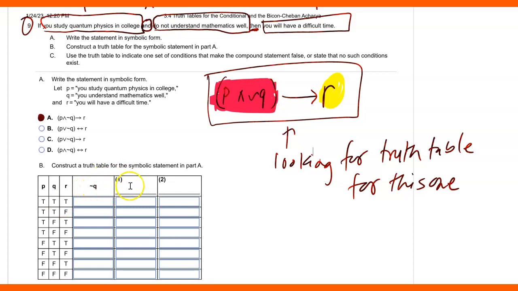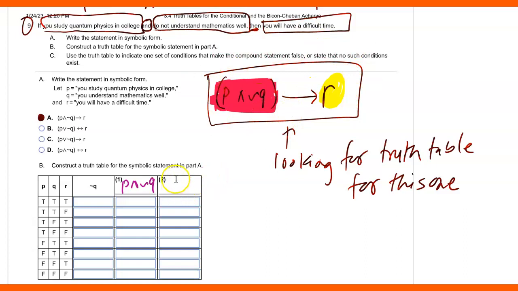The next must be the column for this whole thing. Therefore, for number 1, you're supposed to write P and not Q, because that's what you want to find the whole thing's truth table.